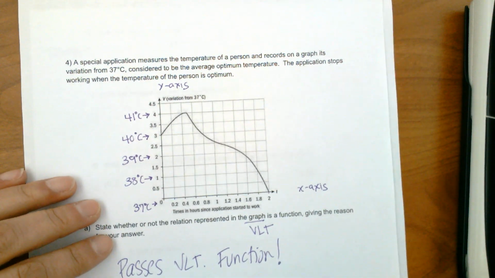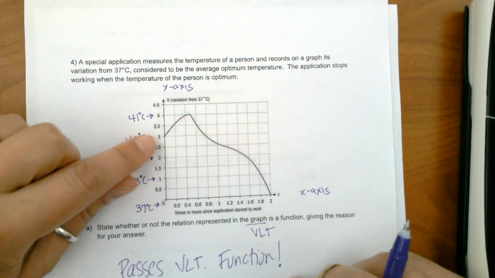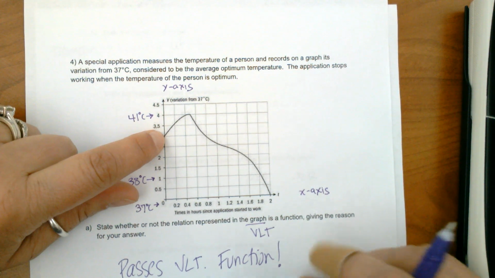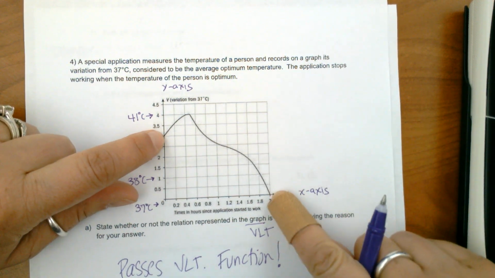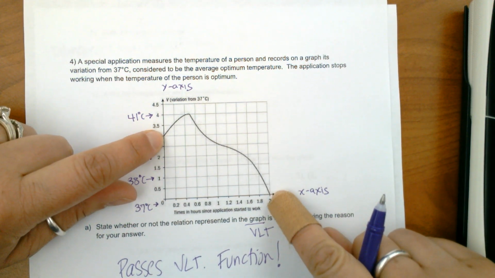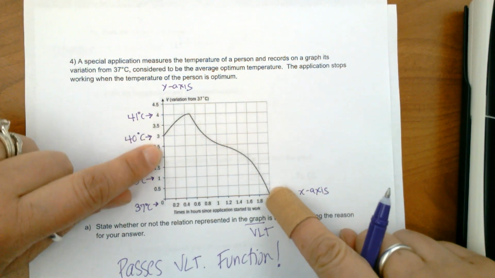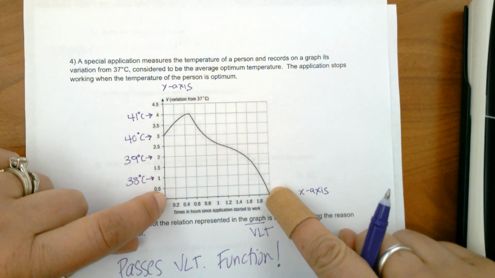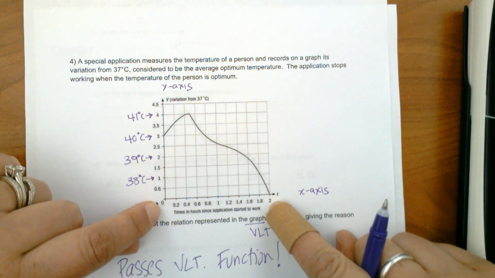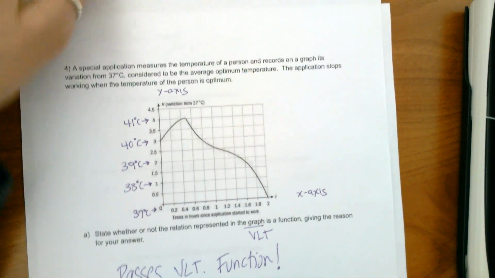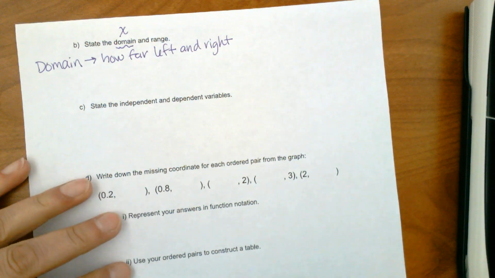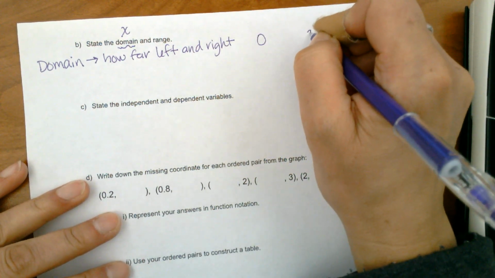To the left, it starts here. To the right, it ends here. So what numbers are those on the x-axis? Well, it starts at 0 and it ends at 2.